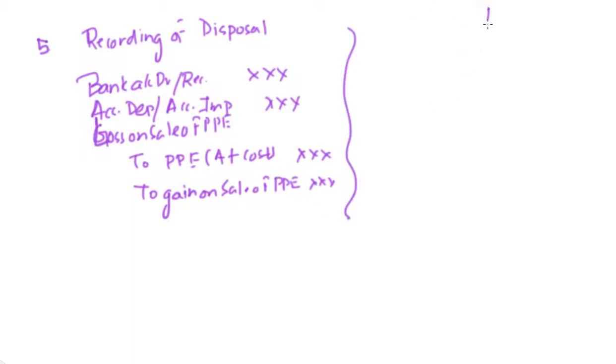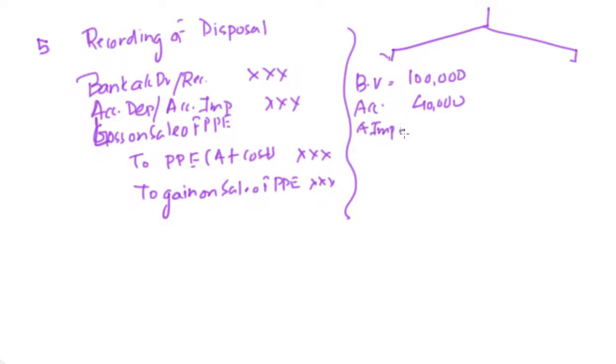I'll give an example. It won't take much time. Suppose the cost of the asset is 100,000, the accumulated depreciation is 40,000, and the accumulated impairment loss in respect of that particular asset is 10,000, and we sold the asset for suppose 60,000, and in the second case it's 40,000.